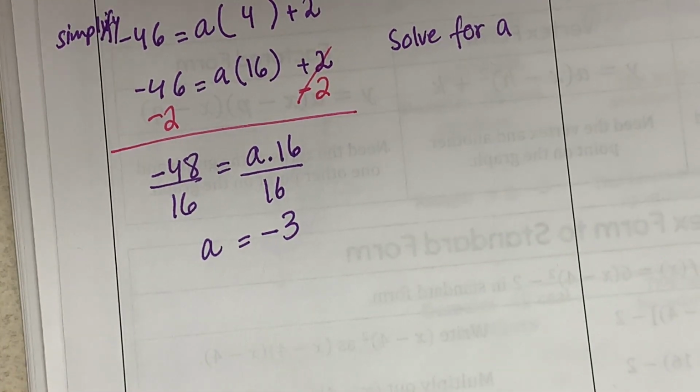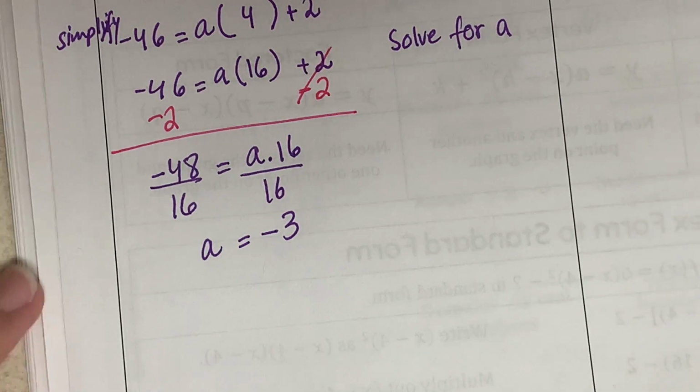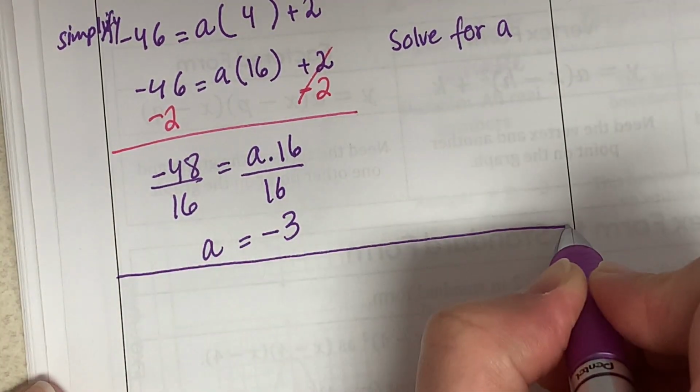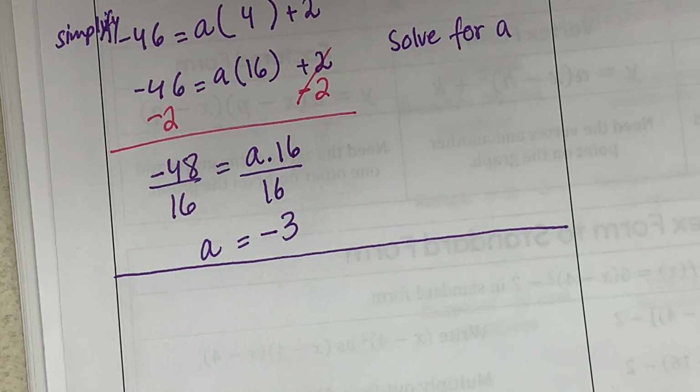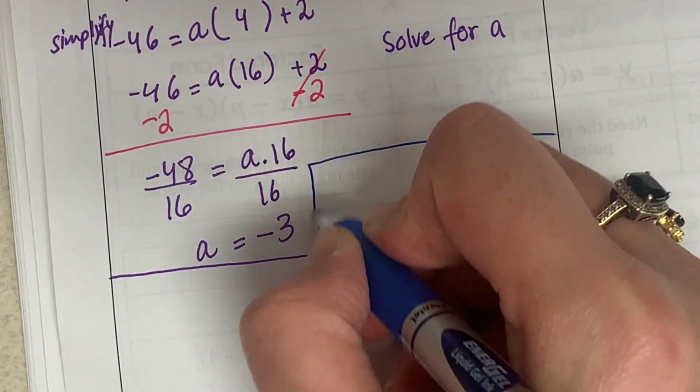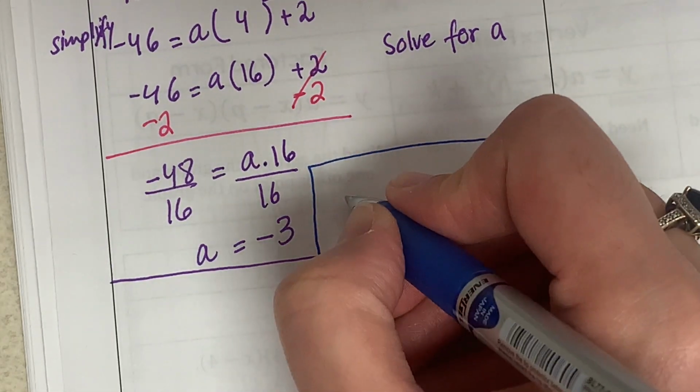I'm going to plug it back into my equation, which is in vertex form, and then rewrite to standard because I'm not done yet. I'm running out of space, so I'm going to use this area to write the equation.